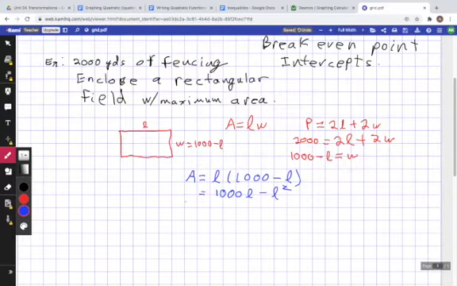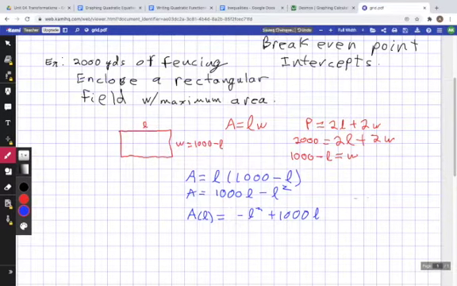This is a quadratic model. It's written in standard form currently. We have the area in terms of our length is equal to negative L squared plus 1,000 L.